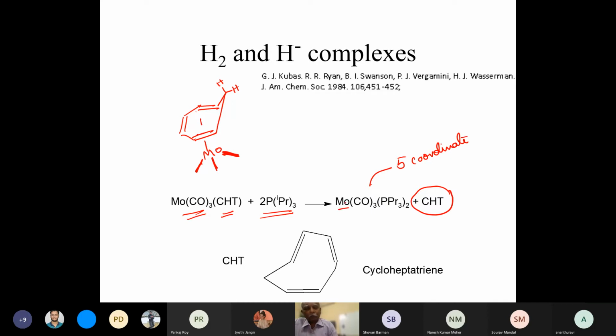Remember, this is a neutral molybdenum, molybdenum 0, and so this is now a 16-electron complex. It can accommodate 2 more electrons and form an 18-electron complex. And it was shown that a variety of small ligands can be accommodated by this molybdenum complex, but in a reversible fashion. Let me see if I can show you that paper quickly.